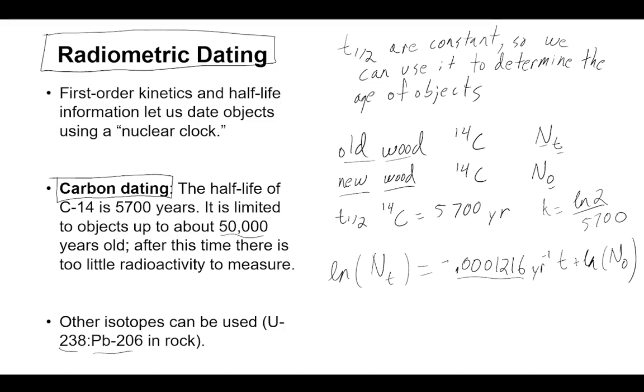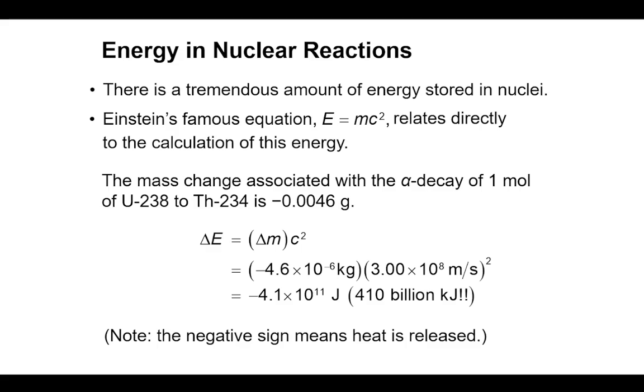So we sort of assume here that the carbon-14 has been steady in our atmosphere. It's been steadily used by plants. And so using an old and new piece of wood, well, that wood is sort of growing up the same way 10,000 years ago as it is today. And so this is a safe assumption that the amount of carbon-14 has been relatively constant and used the same way in that wood. But here you can see how we can actually radiometric date things.